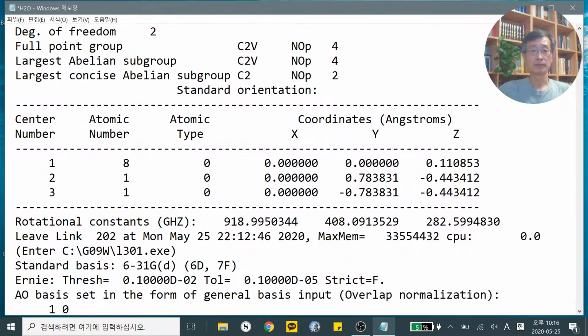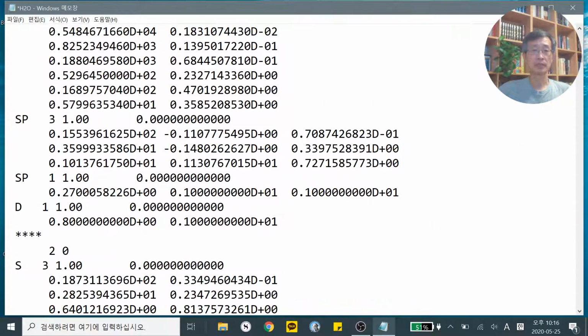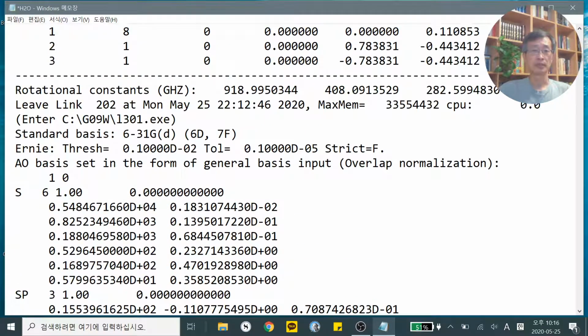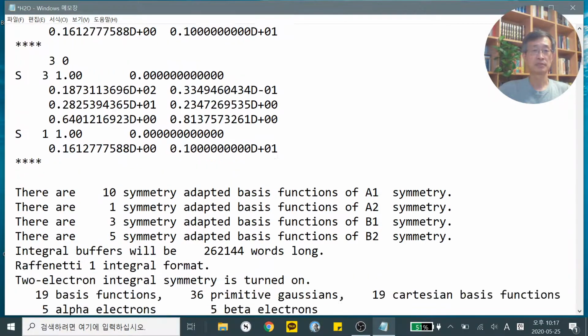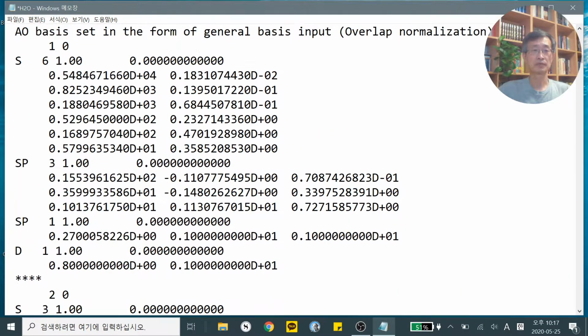Okay, then in the Gaussian input we just listed the basis function, and we are using 6-31G star.